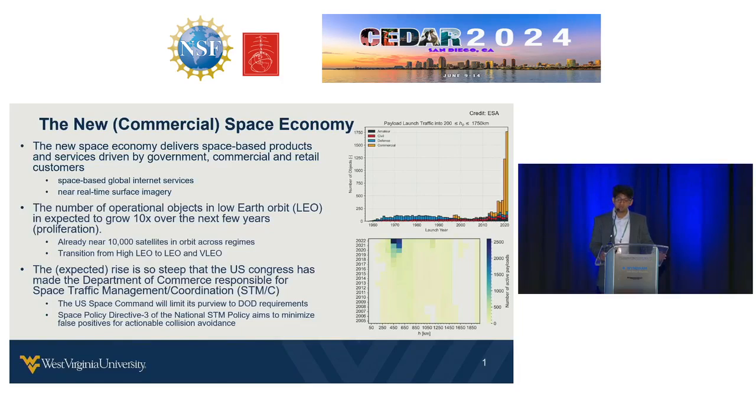And that's expected to grow another 10 times or more by the end of the decade potentially. And this, like I mentioned, has transitioned the density of the objects from high LEO to LEO and very low LEO. There are missions planned towards very low LEO, 200, 300, 400 kilometers, where the operations become even more sensitive to drag.